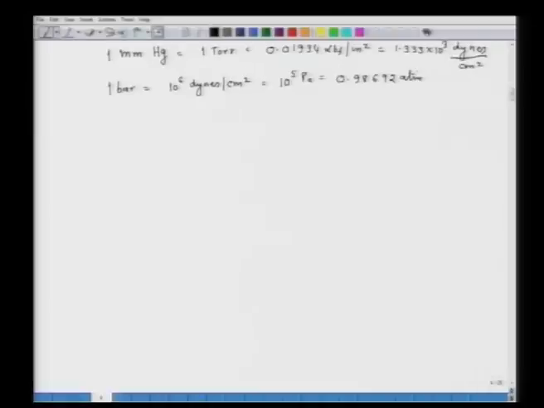Now, sometimes very low pressure also has to be measured, that is in 1 micron, that is mu, which is equal to 10 to the power minus 6 meter mercury, that is equal to 10 to the power minus 3 millimeter mercury, that is equal to 0.1333 Pascal.